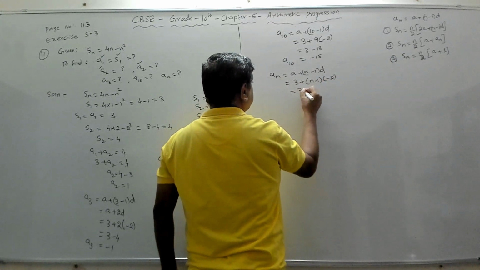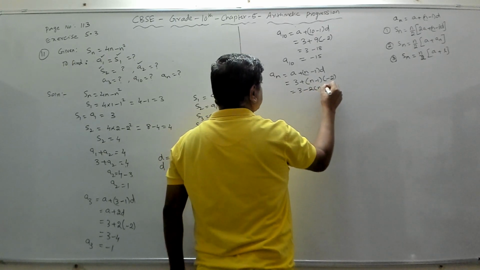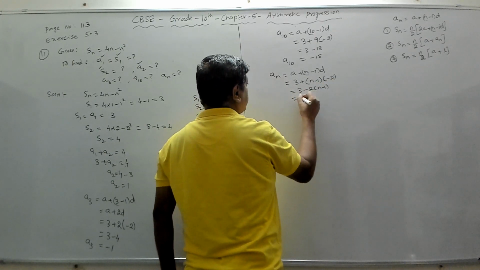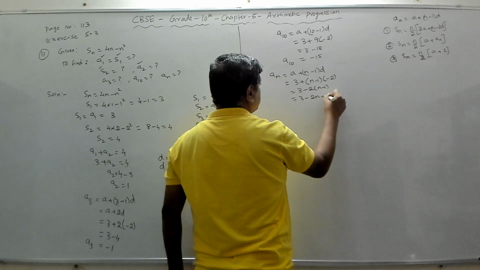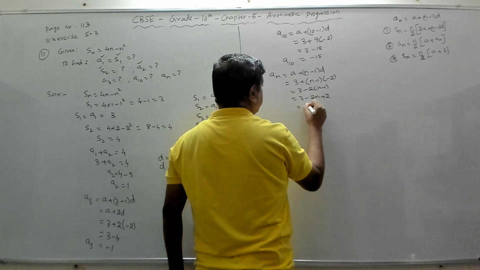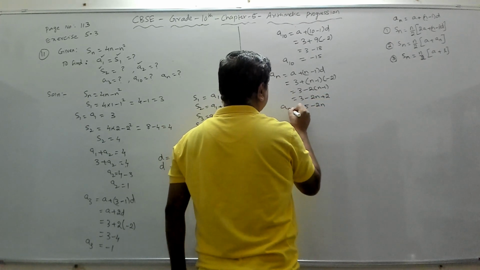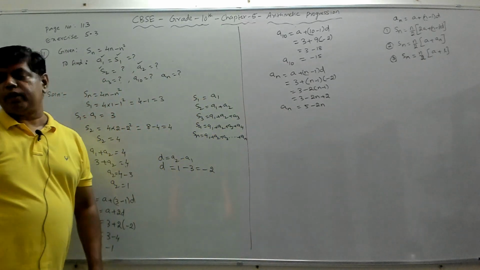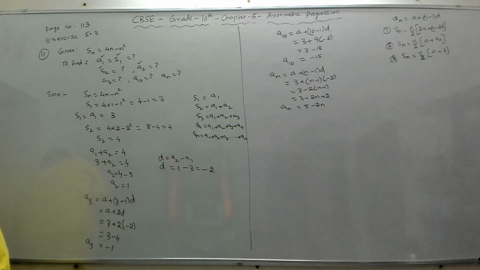So you get 3 minus 2 into n minus 1. That is 3 minus 2n plus 2. That will give you 5 minus 2n. That is your An, the general term of an AP.